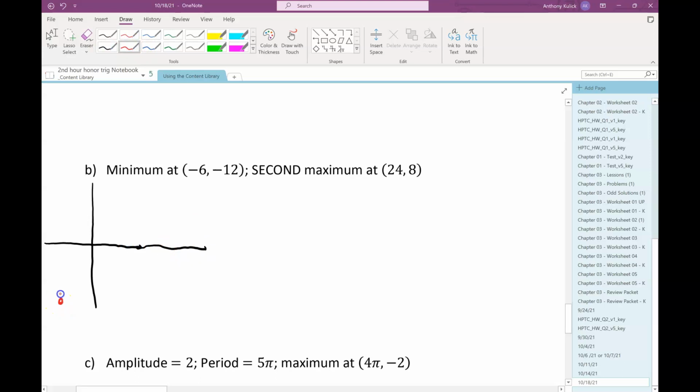So let's say that's -6, -12, and that's 24.8. So it comes up, has a maximum, goes down, and say that's my second maximum there. Feel okay? All right.